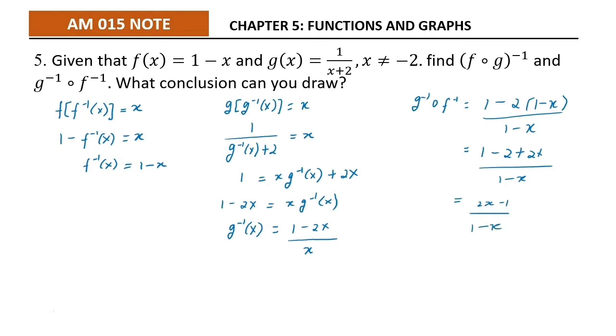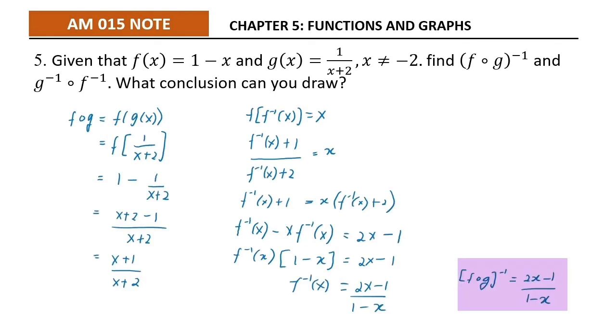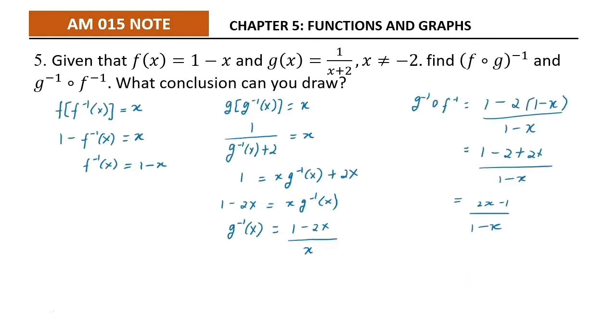Since g inverse of f inverse equals (2x minus 1) over (1 minus x), which is equal to (f of g) inverse, also (2x minus 1) over (1 minus x), then we can conclude that (f of g) inverse equals g inverse of f inverse.